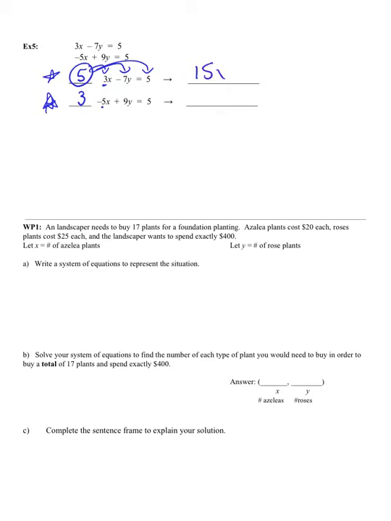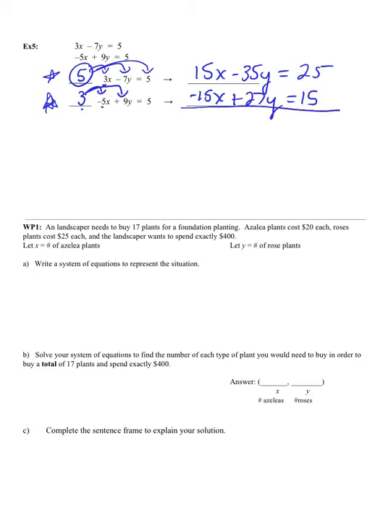So this is 15x minus 35y equals 25, okay? And again, here we're taking it just a little step above, just so you see what you're heading towards. And 3 times negative 5 is negative 15x. 3 times 9 plus 27y equals 15.